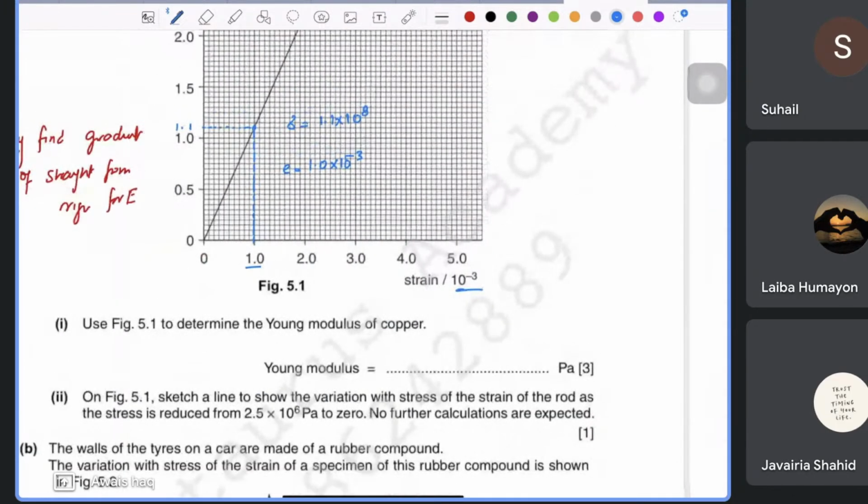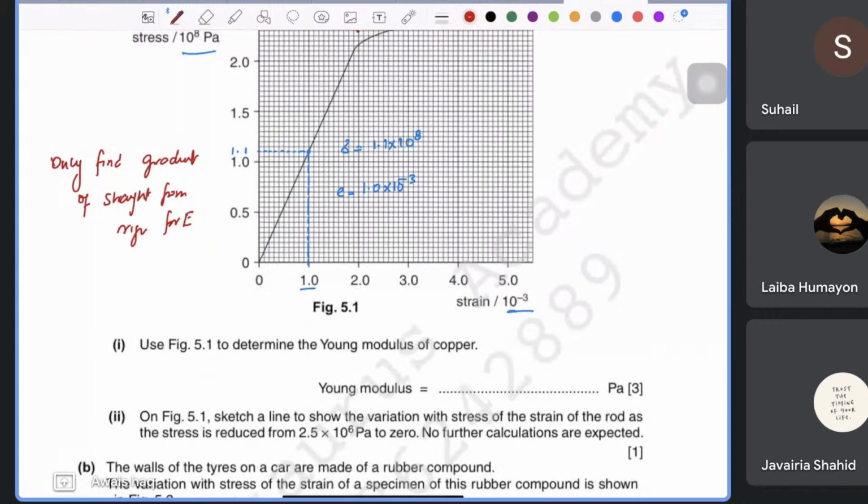Now just simply write it down. Young's modulus will be stress over strain, so 1.1 times 10 raised to power 8 divided by 1.0 times 10 raised to minus 3. So that I think will be 1.1 times 10 raised to power 11 pascals. Is it clear, everyone?